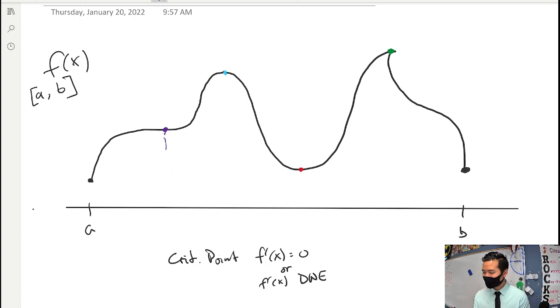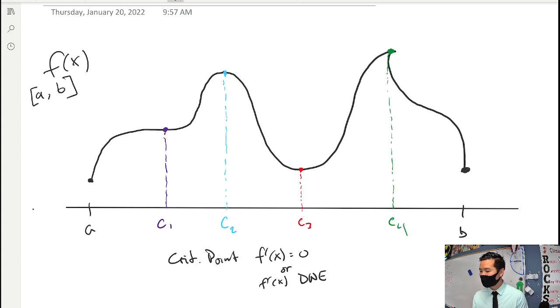So I have a critical point here. I'm going to call that C1 for critical point 1. I have another critical point here. I'll call that C2. Got another critical point here. I'll call that C3. And I got one more critical point right over here. Call that C4. 4 critical points on this problem.